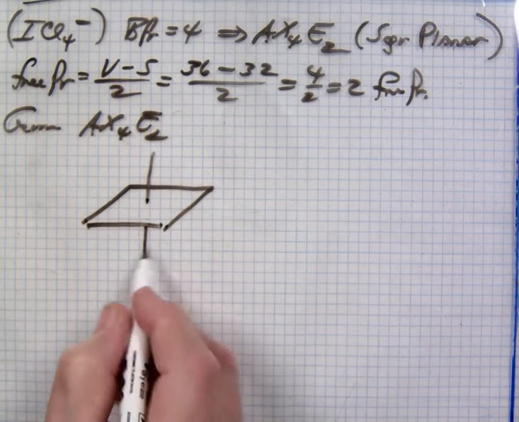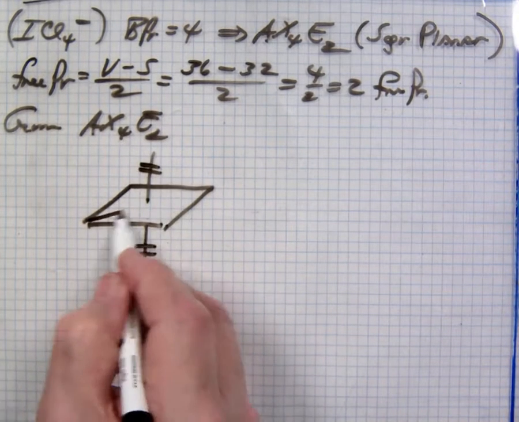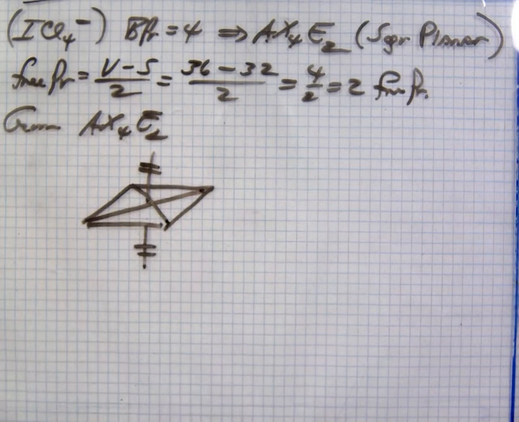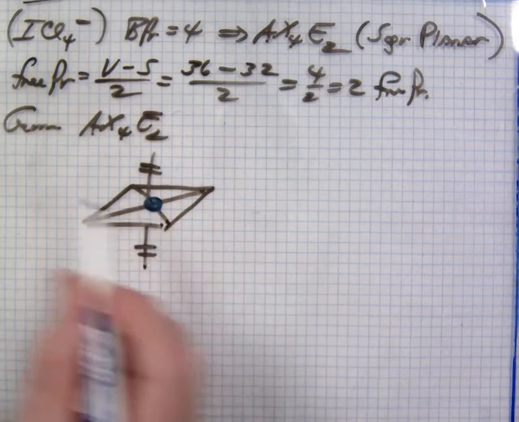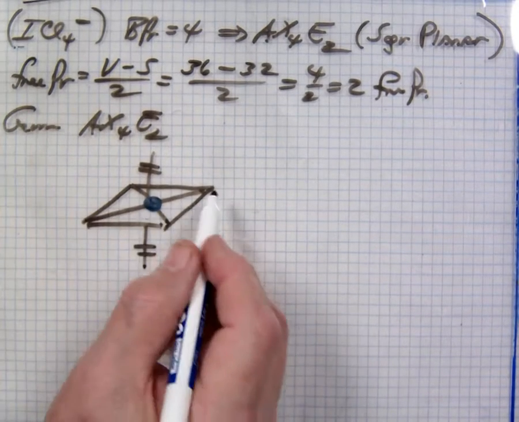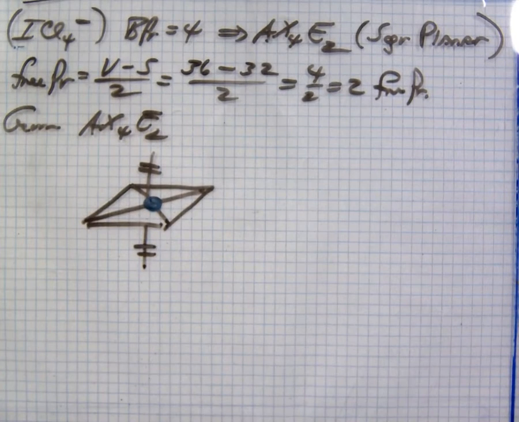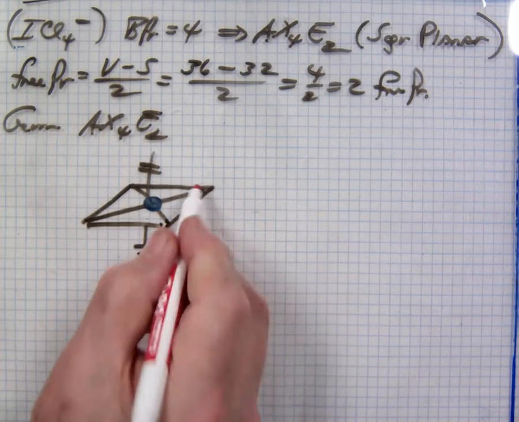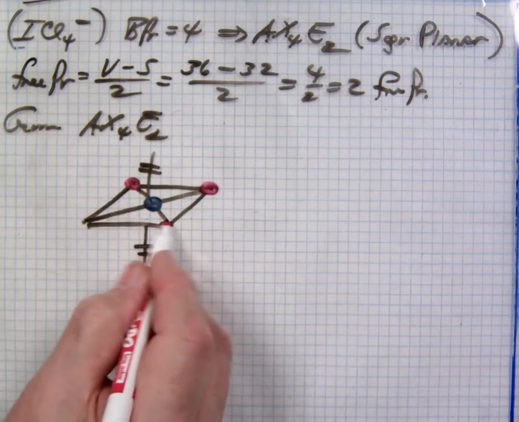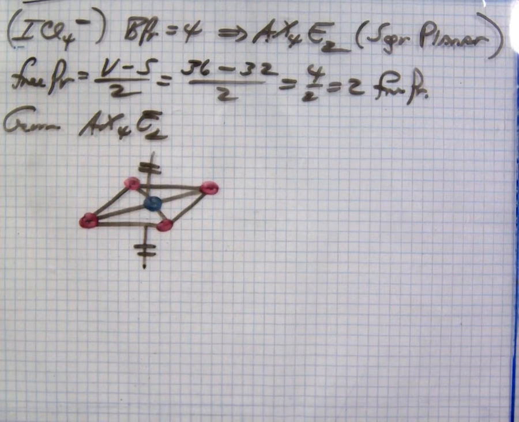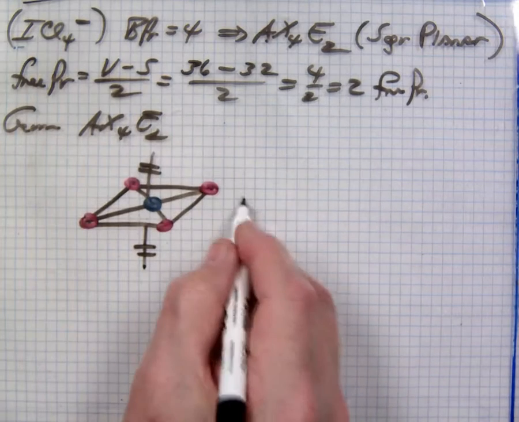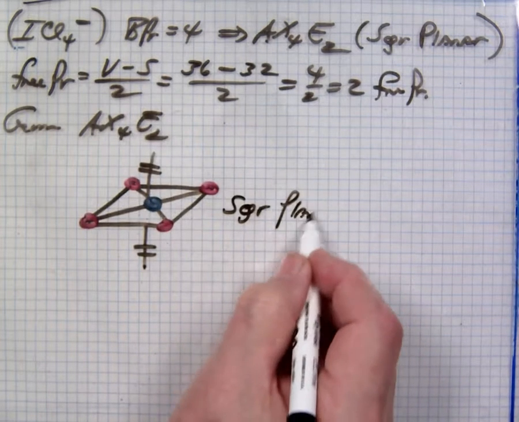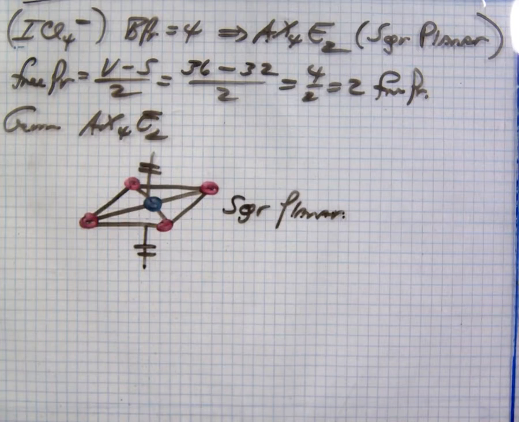And so when we draw this one, we want to put our free pairs above and below the plane, and our attachments, there's the central element, iodine, and I'll change colors just for reference. So it's pretty easy to see the square planar geometry in there.